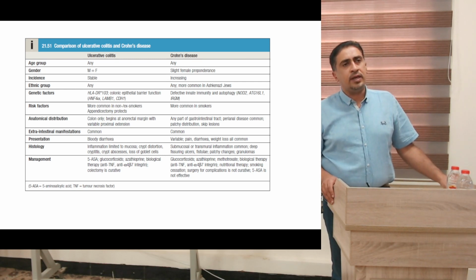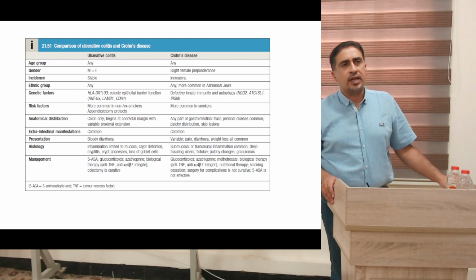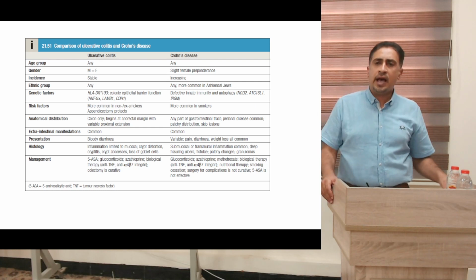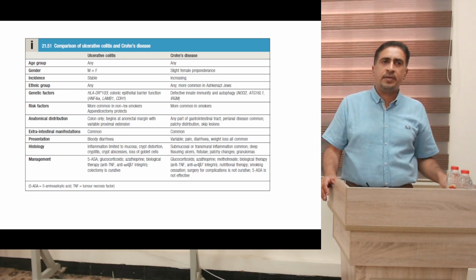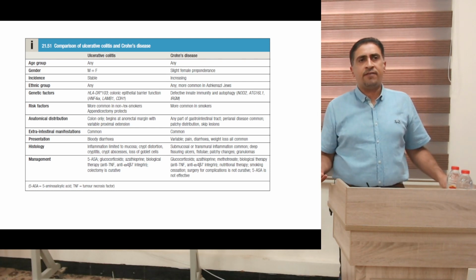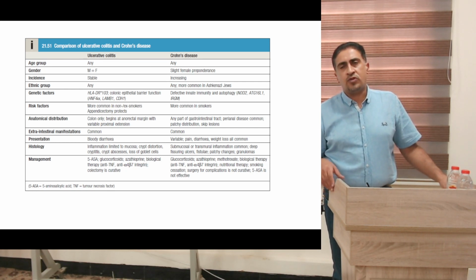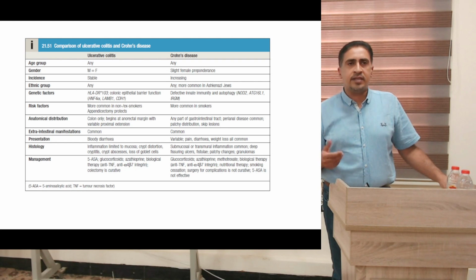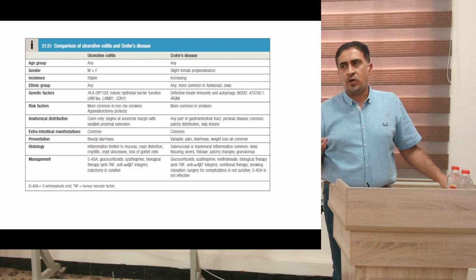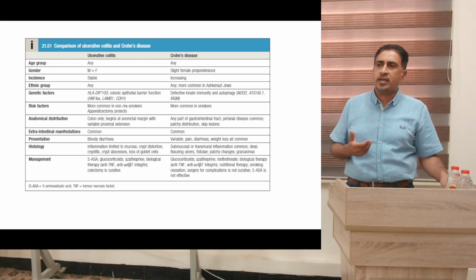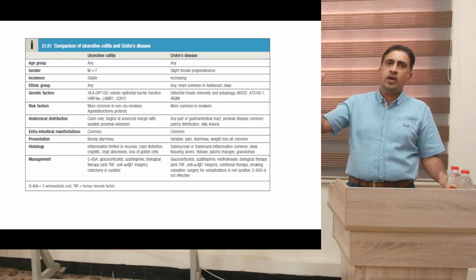While Crohn's can involve any part of the GI tract from the mouth to the anus, and some patients have perianal disease, some present with fistulizing disease, and so on. Crohn's is characterized by skip lesions and patchy distribution, while ulcerative colitis usually has continuous inflammation.